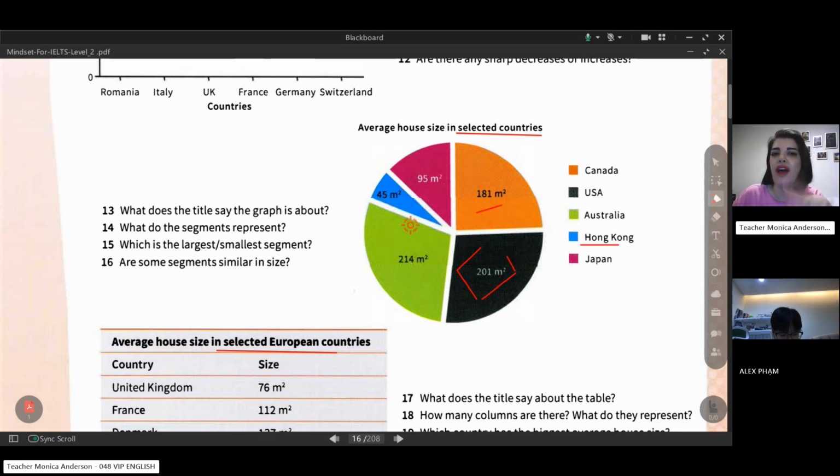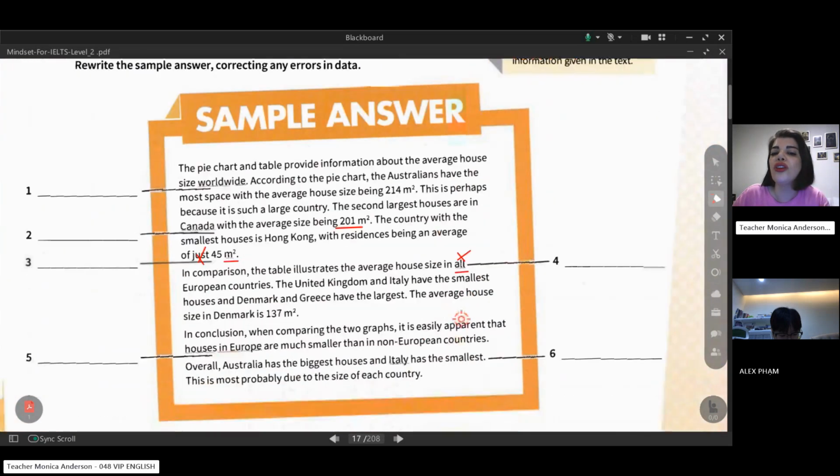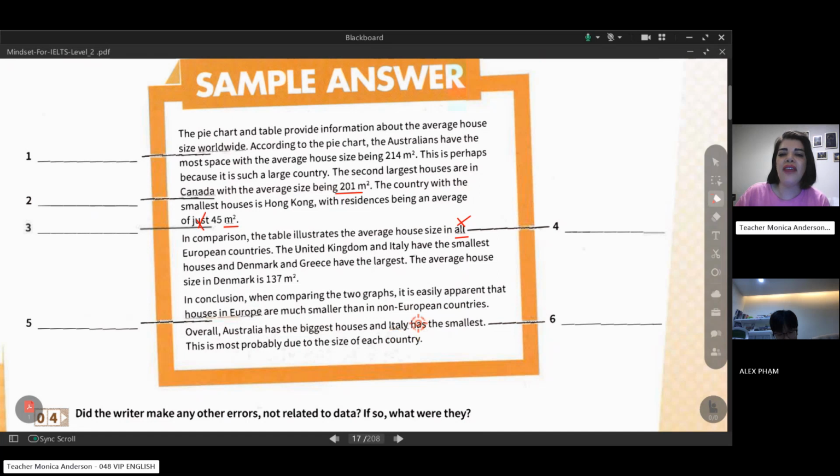It's about 45. And here, all, not all countries, in selected countries. It's not all countries around the world, they're just some selected countries.